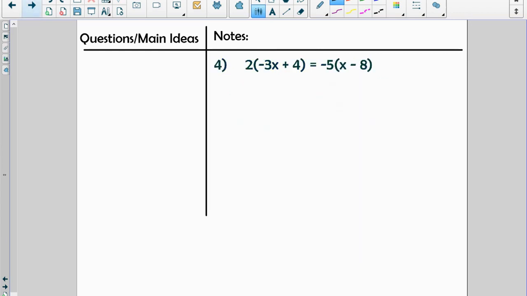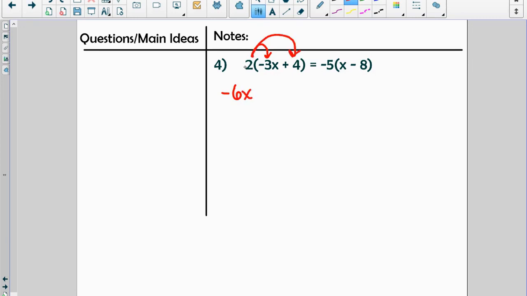All right, our final example. This one has parentheses on both sides of the equation. We're going to need to distribute on both sides. On the left-hand side, we start by multiplying. 2 times negative 3x is negative 6x.